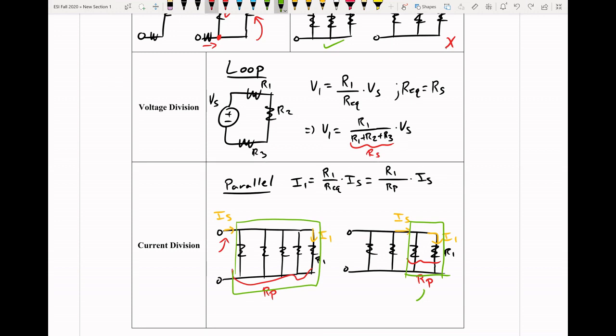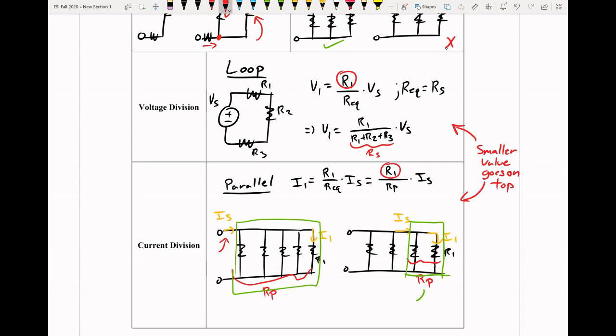All right, and then a small tip, if you can't remember these equations, which value goes on top, the smaller value goes on top. Okay, so that would be the R1 and R1.